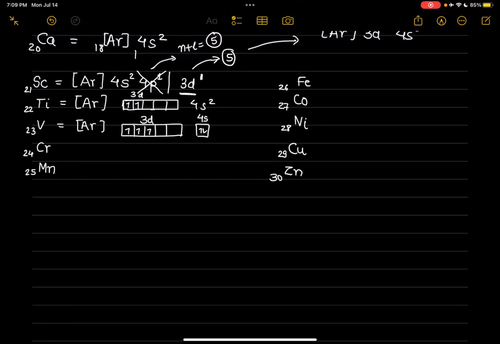Okay. Chromium. Chromium is a bit problematic, and this is chromium and copper. They are very, very important, and questions are being asked. So chromium is the 24th element.